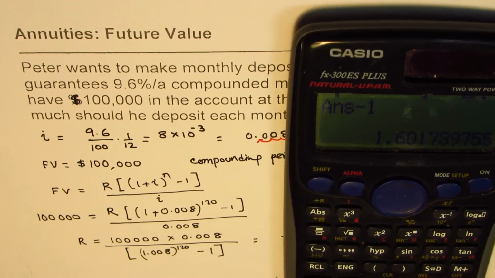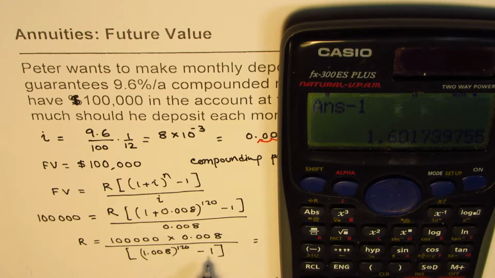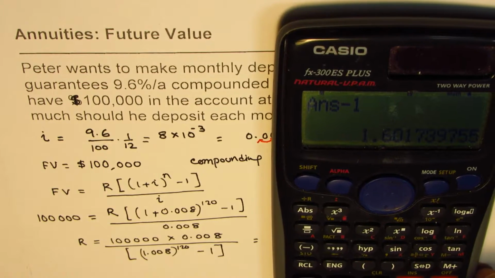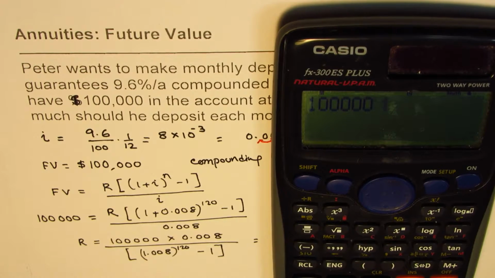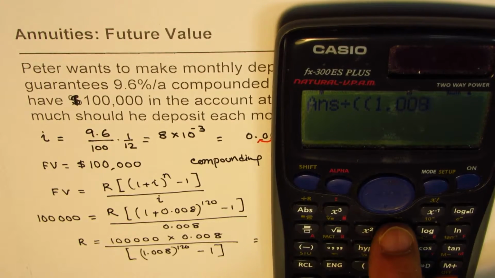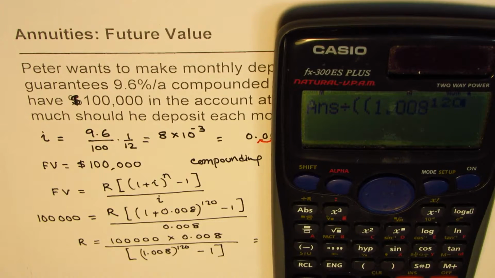That is always better. So let me show you now how to do it in one go using brackets and find the answer directly. So it is 100,000 times 0.008, divided by, two brackets, 1.008 to the power of 120 minus 1, bracket close, bracket close.